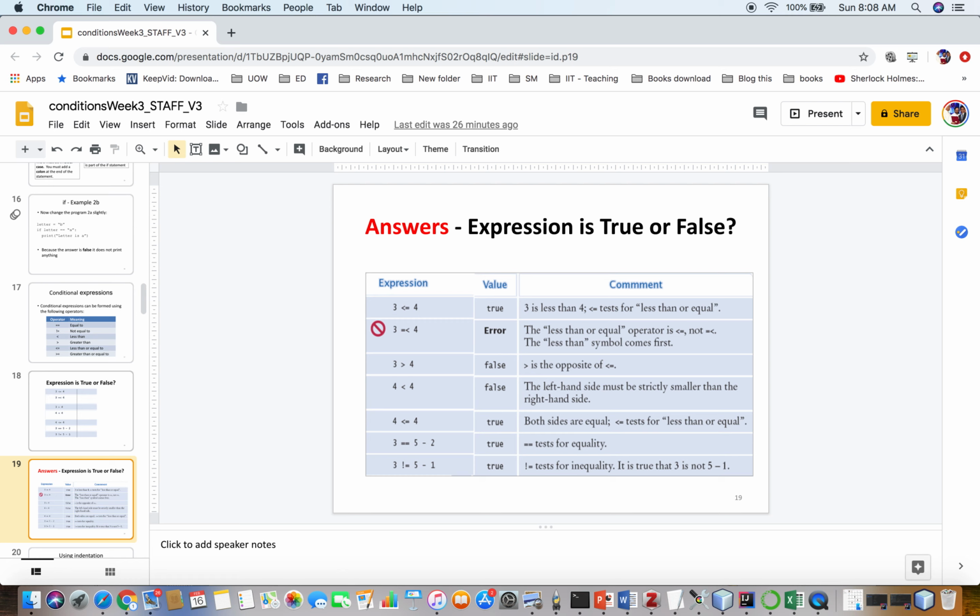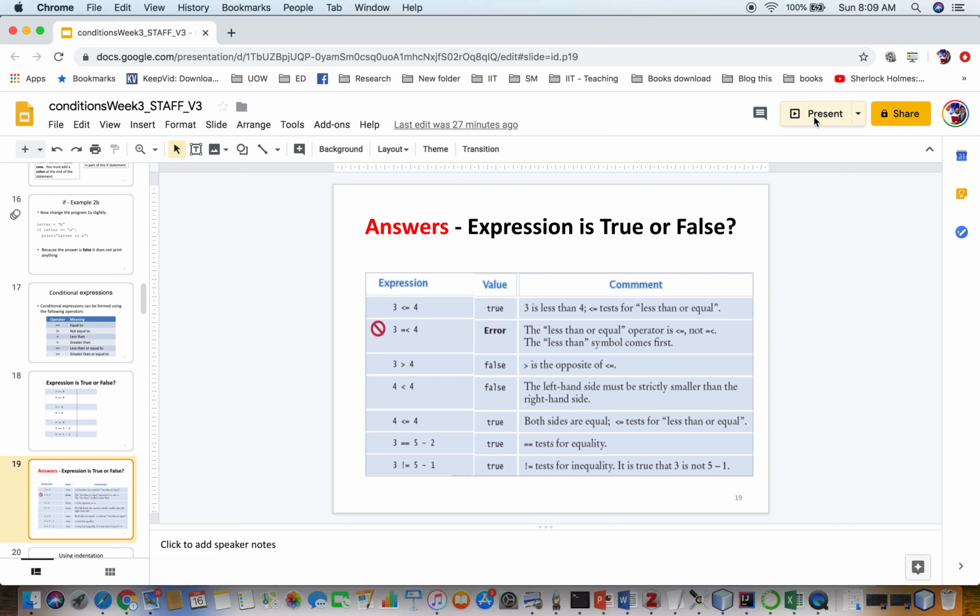3 less than or equal to 4, that is true. The output is true. 3 is less than or equal to 4. The second one, 3 equal greater. So it's an error because for the less than or equal operator, first you have the greater than or less than sign, next the equal, not the other way.